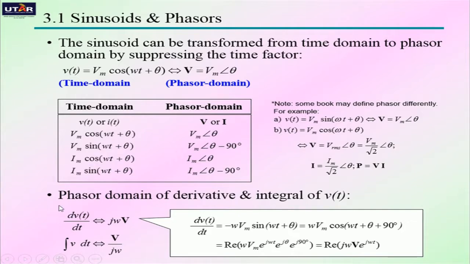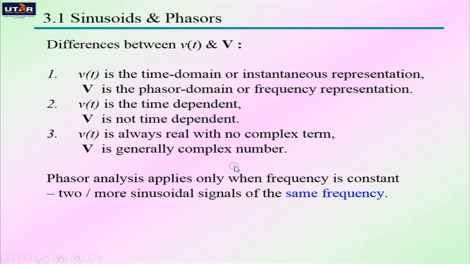The reason is that if you are performing differentiation in the time domain, then you are actually multiplying the voltage by j omega in the frequency domain. Similarly, if you are integrating the voltage in the time domain, then in the frequency domain it's basically voltage divided by j omega, where j is the imaginary unit, j equals square root of negative 1.